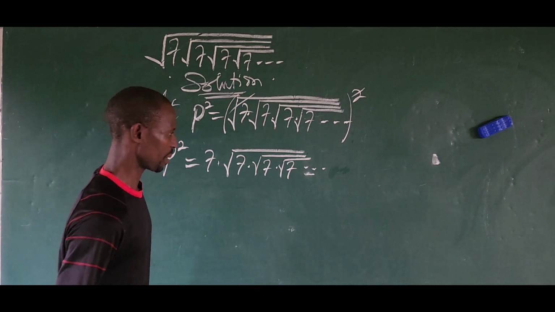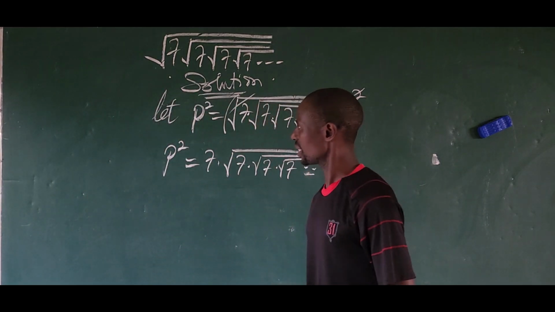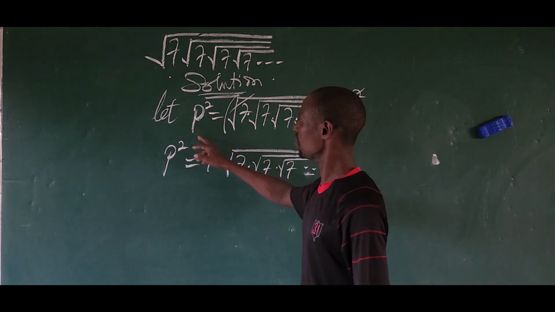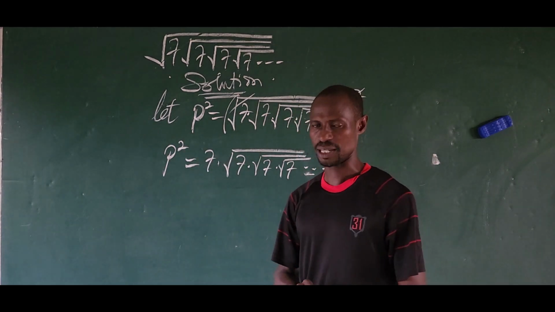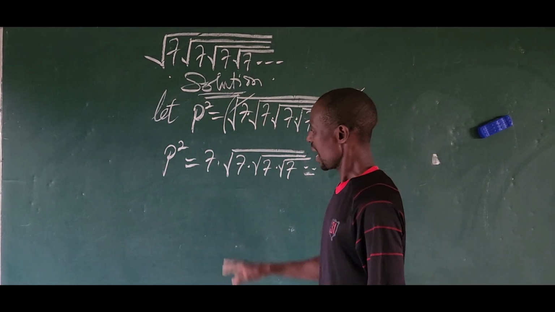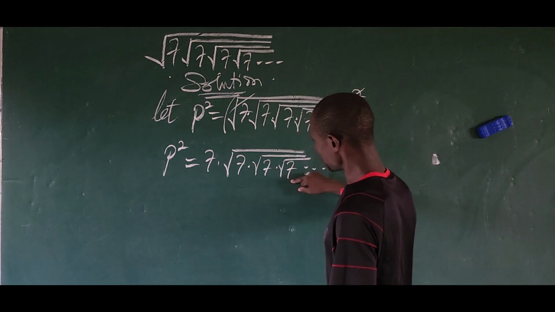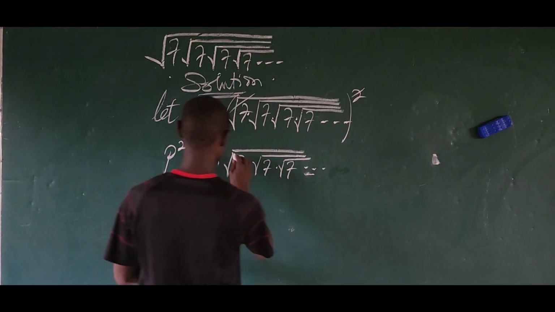Right? Good. Now, let's take a look at this. Here we said let p be equal to this expression which leads to infinity, and we are having this same expression which leads to infinity. So we can put this in a bracket.